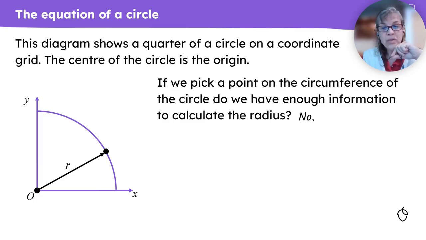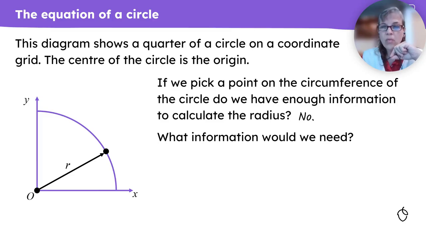No, I wouldn't, right? I don't have any indication of scale. I don't know what that grid on x or y is equal to. So how can I know the radius? If, however, I wanted to find the radius, what information would we need? We would need to know the coordinate pair of that point.